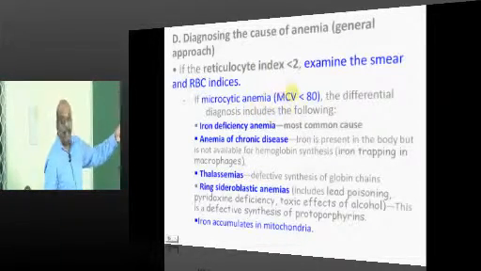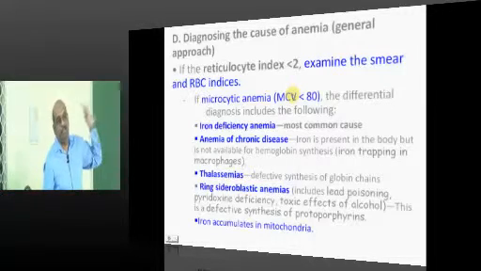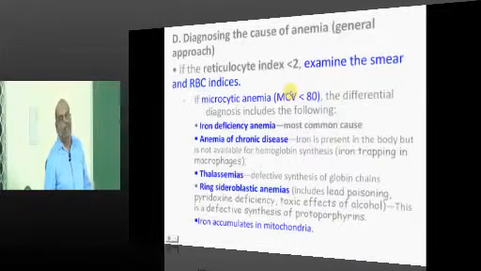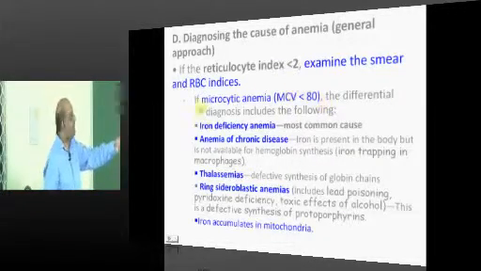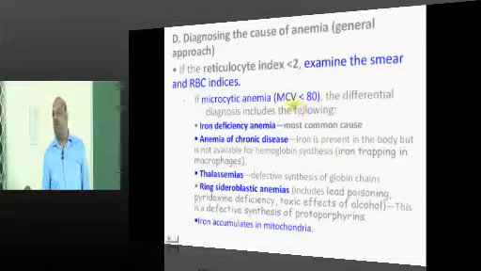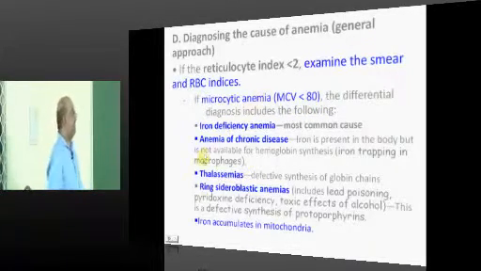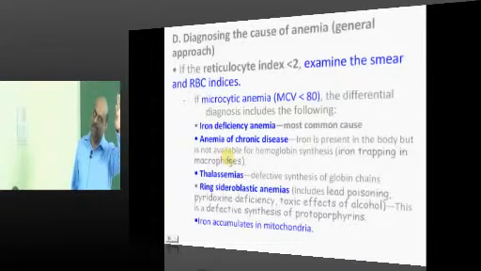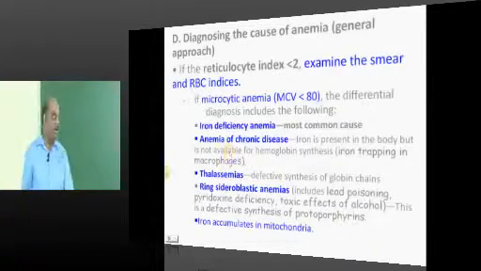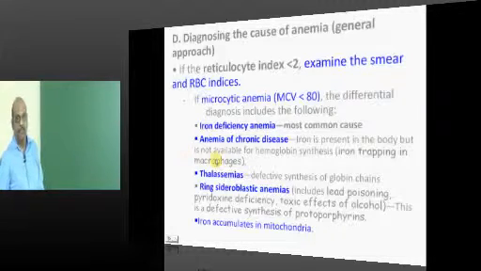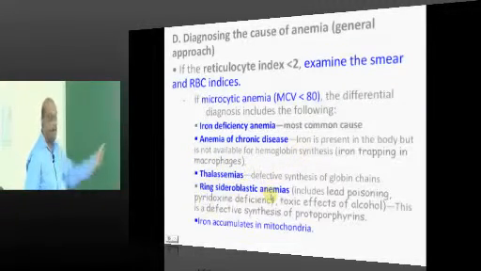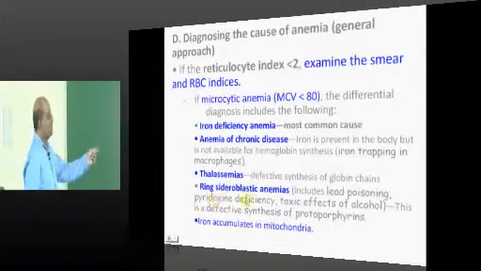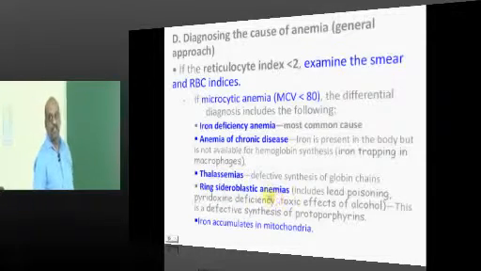Very important index you need to look for is MCV, mean corpuscular volume. If it is less than 80, that means it is microcytic anemia. And what are the various causes of microcytic anemia? 4 causes come to your mind when we say microcytic anemia: iron deficiency, anemia of chronic disease, thalassemias, and ringed sideroblastic anemias.